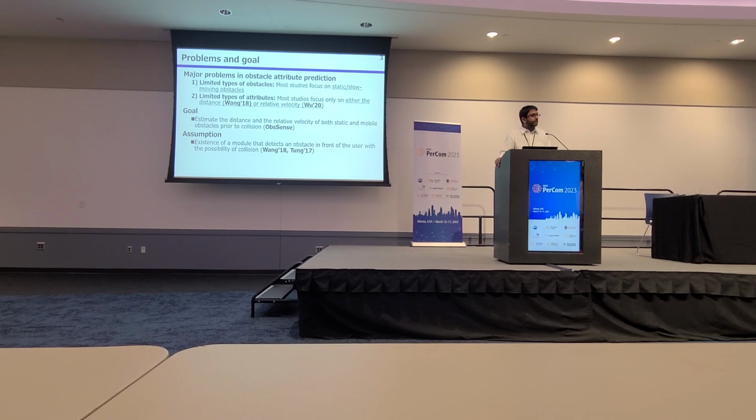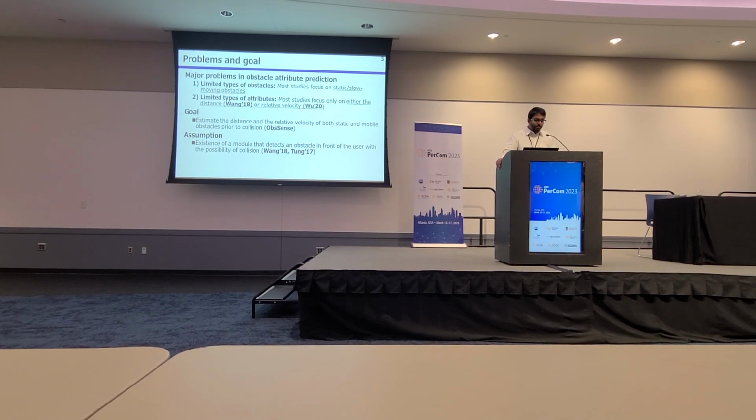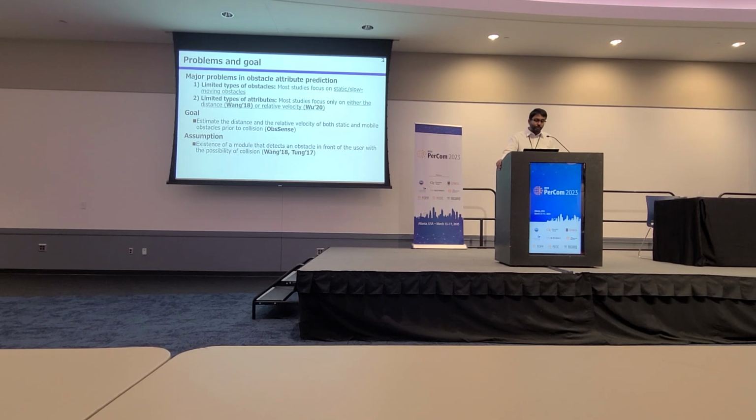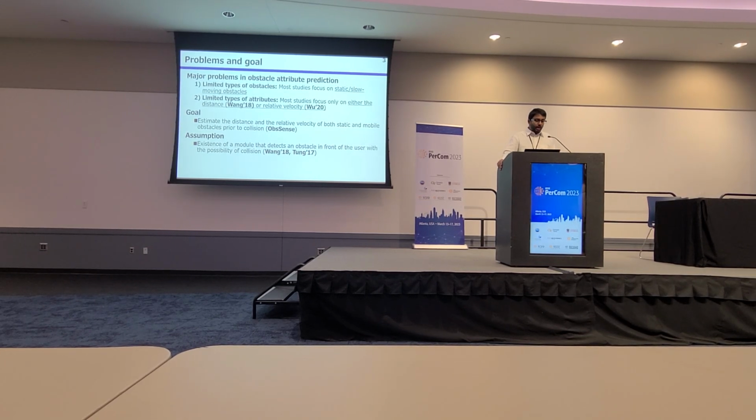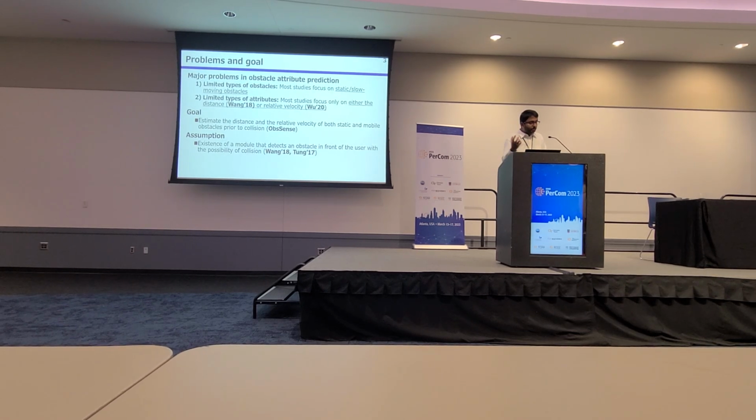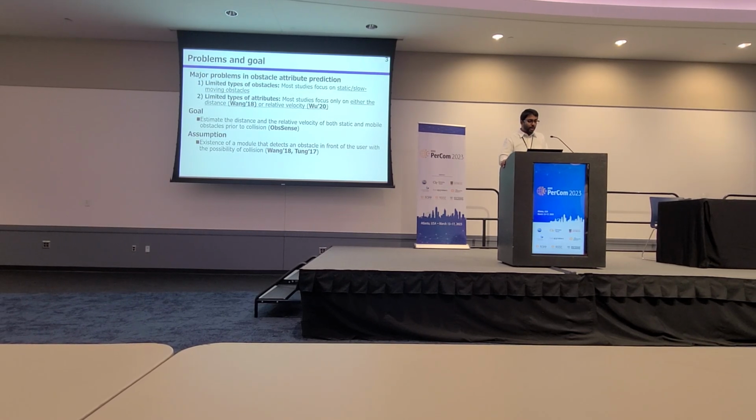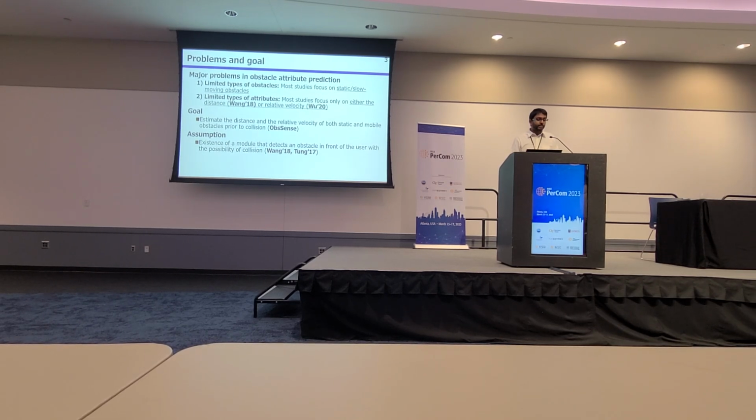Therefore, we set the goal of our research to estimate the distance and the relative velocity of both static and mobile obstacles prior to a collision, and we named our system offsets. Herein, we made an assumption that there exists a module that detects an obstacle in front of the user with the possibility of collision, which is a well-studied aspect in previous studies.